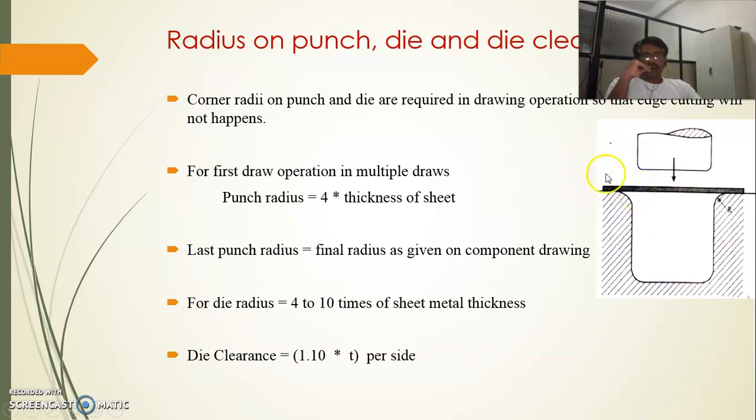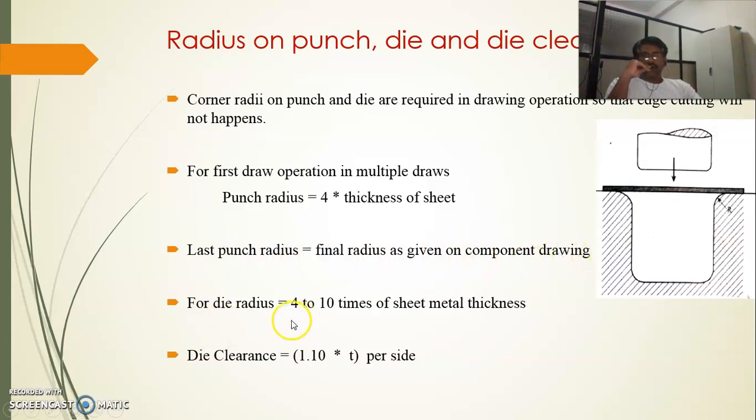So for that purpose we require to provide the corner radius, and for that the thumb rules are provided. For the first draw operation in multiple draws, the punch corner radius should be 4 times the thickness of the sheet, and for the last punch in the multiple draws, the last punch should have the final radius as given on the component.